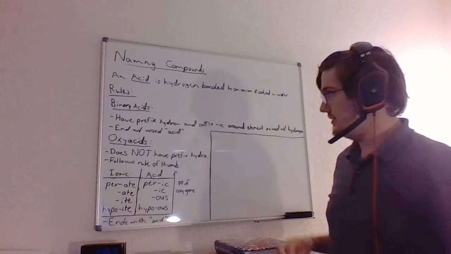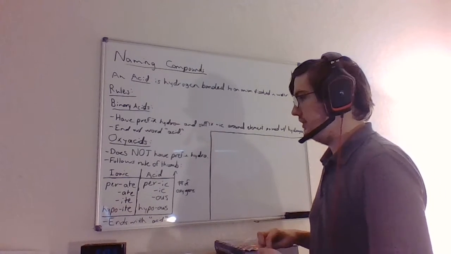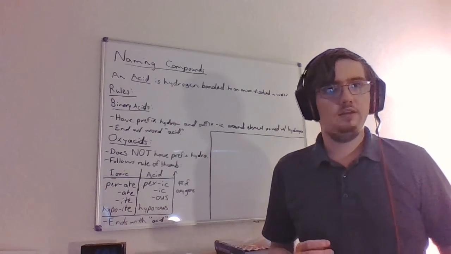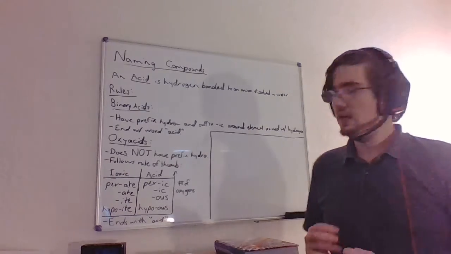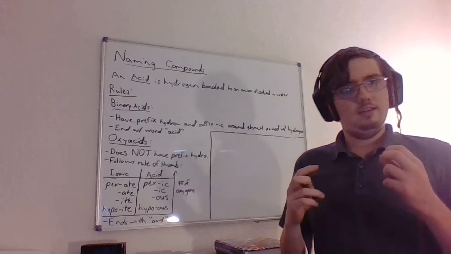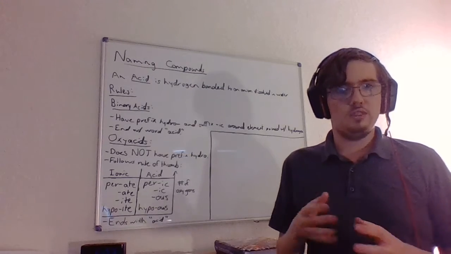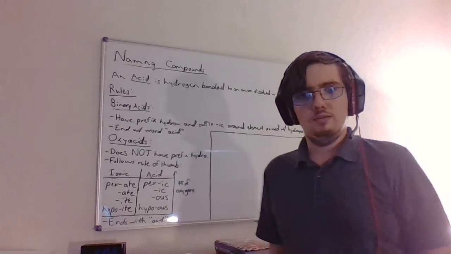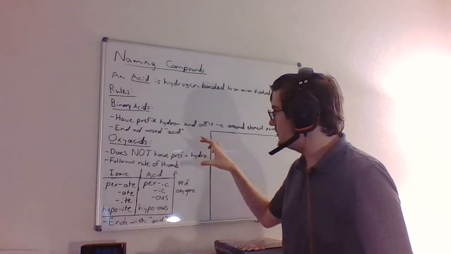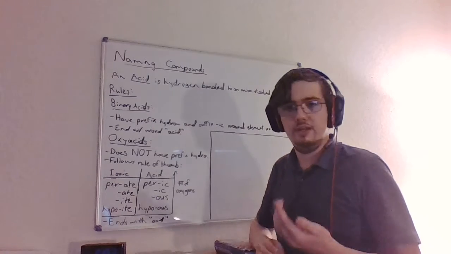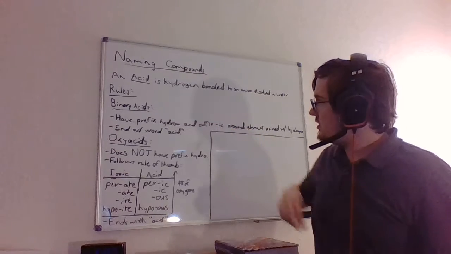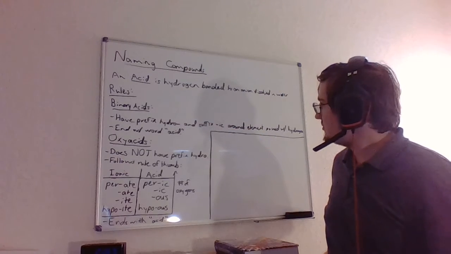Oxyacids, instead of just one other element, normally have a polyatomic ion. And as it hints by the name oxyacid, these polyatomic ions are the ones with oxygen in them. Because we're working with polyatomic ions, you're going to want to have your chart of polyatomic ions ready with you for this talk.